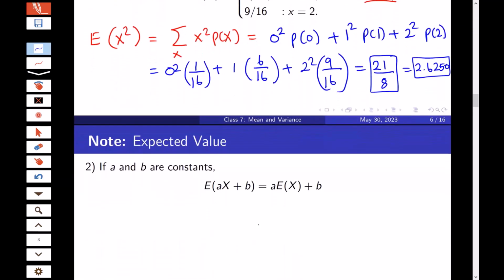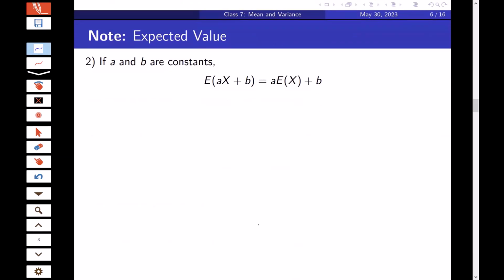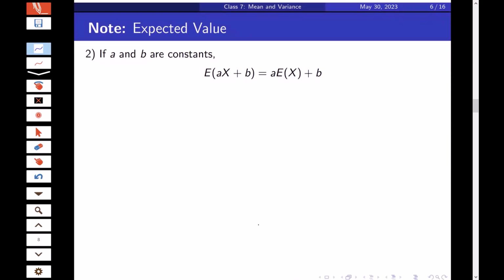Okay, so another note about the expected value. The expectation is a linear operator.